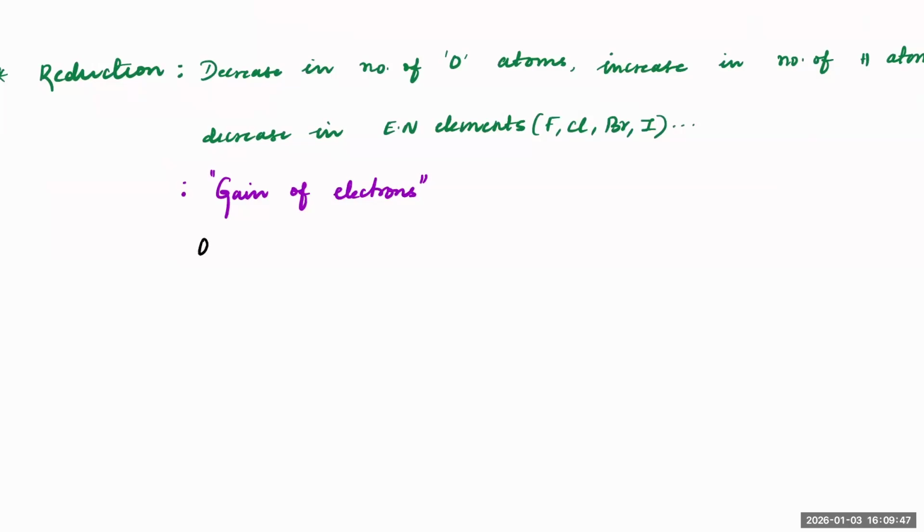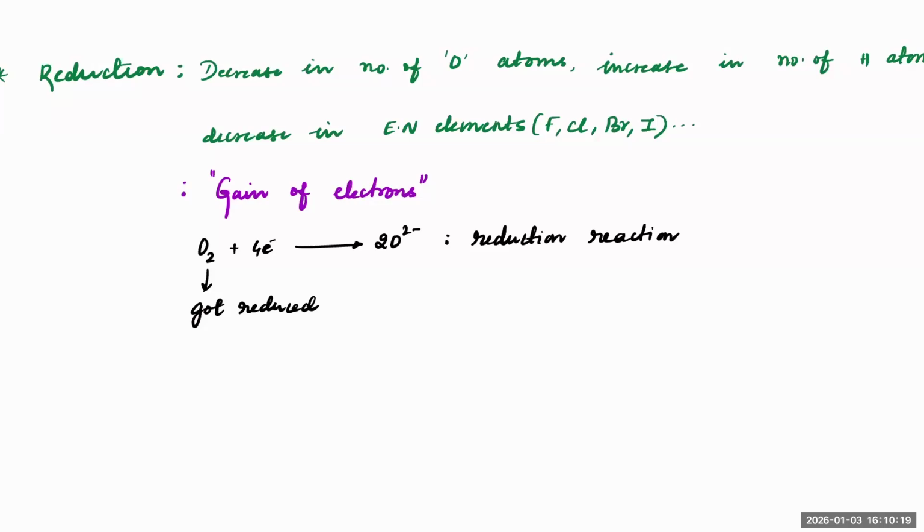For example, if you take O2 plus 4 electrons becoming 2 O2 minus, then we say this got reduced, and this reaction is a reduction reaction.